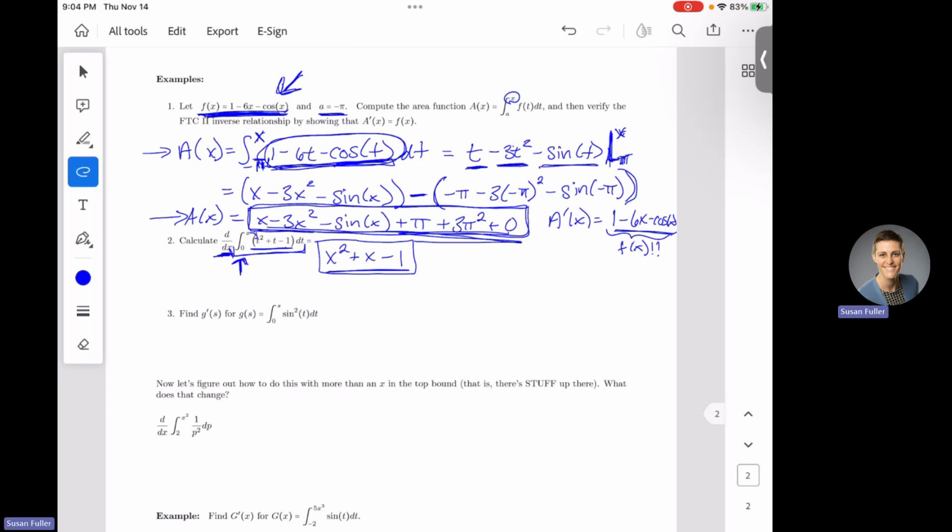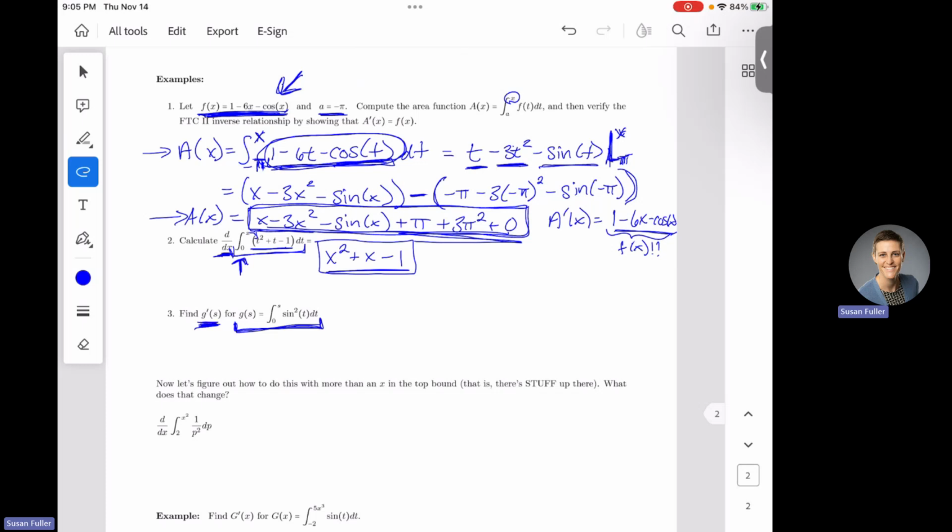And then the second one, again, it wants me to find g prime of s, which is the derivative of g. And I'm told that g is this area function. It is the integral from 0 to s of sine squared of t dt.